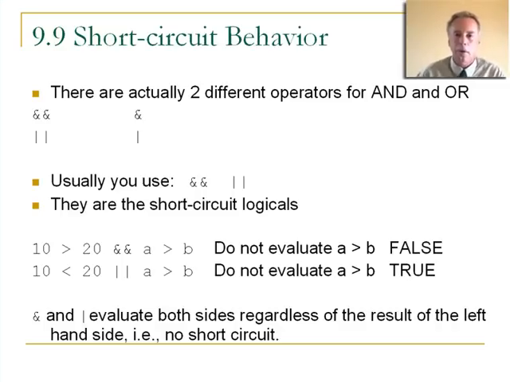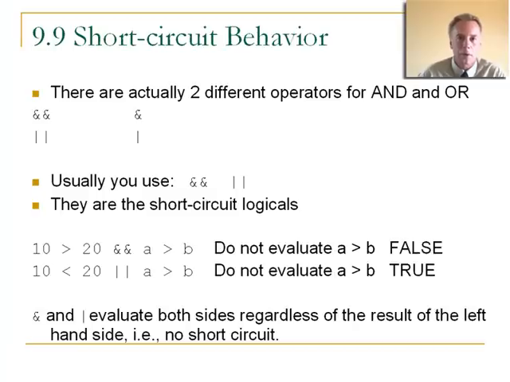One more concept in this segment, and then we'll do a review of the logical operators. This is called the short circuit behavior. So the operators that I showed you for and, or, using the 2 ampersands and the 2 vertical bars, there's actually 2 operators for and, the 2 ampersands and 1 ampersand.